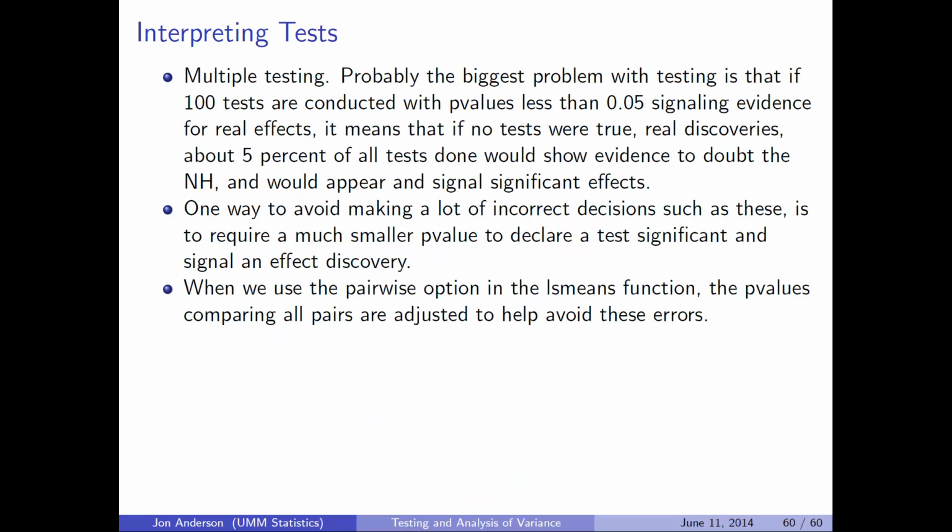The biggest problem of all about testing is doing many tests. So for example, if you do 100 tests where each test has a threshold of p-value of 0.05 for being considered evidence to doubt the null hypothesis, you should expect that if you do 100 tests where there's no real effect going on at all, about 5 of them, or 5% of all the tests you do, are going to look suspicious, like there is some real effect and you're finding it.